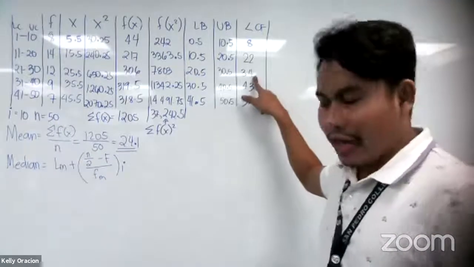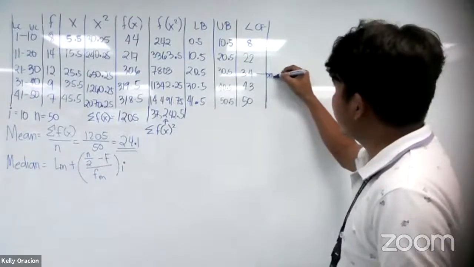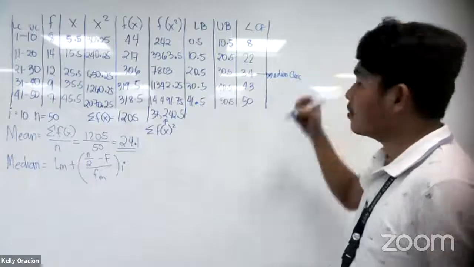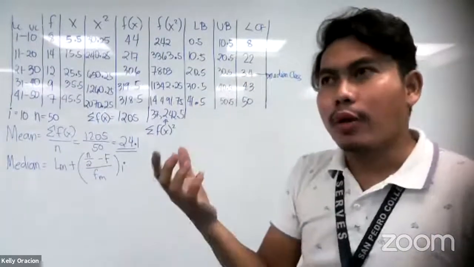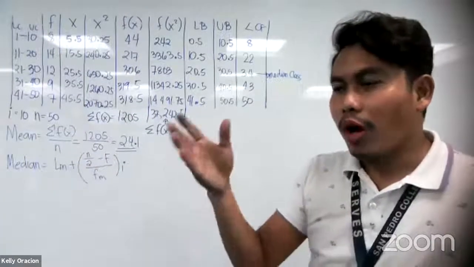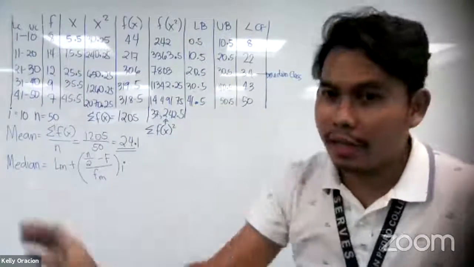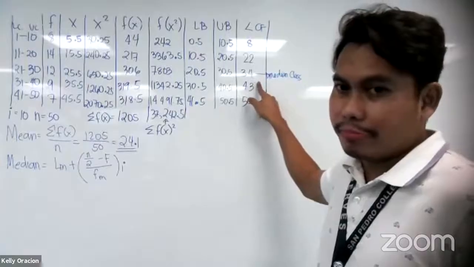Si 34, ito siya. This is your median class. Of course, 22, dumaan na, di ba? So, 25 yung n natin. From 1 to 25, dumaan na yung 22. So, that means hindi siya pwede maging median class. Si 34, lumagpas na. So, ito siya.